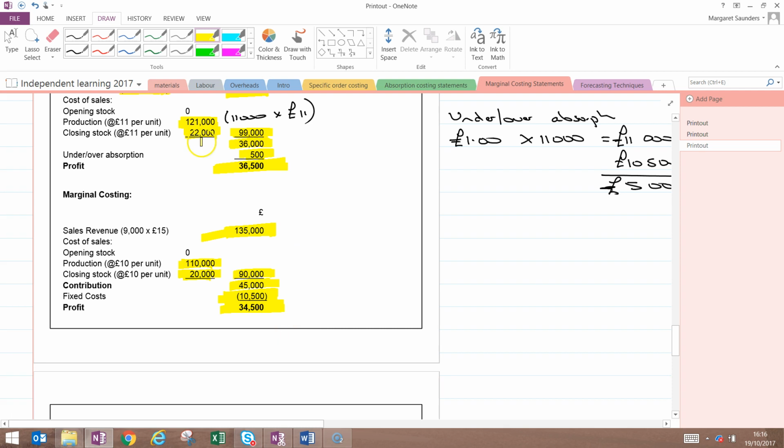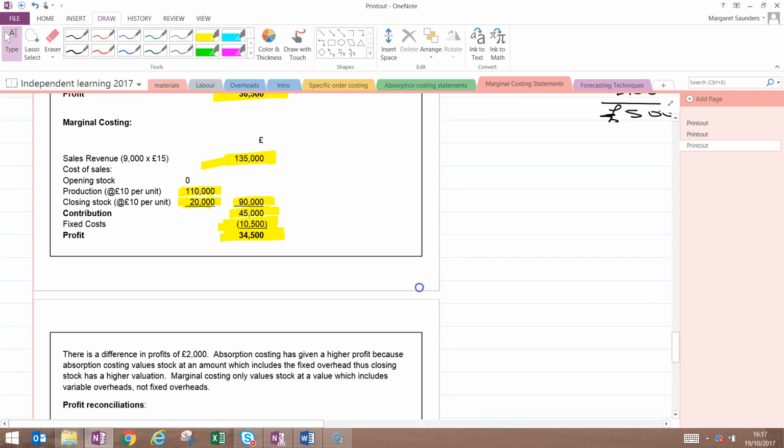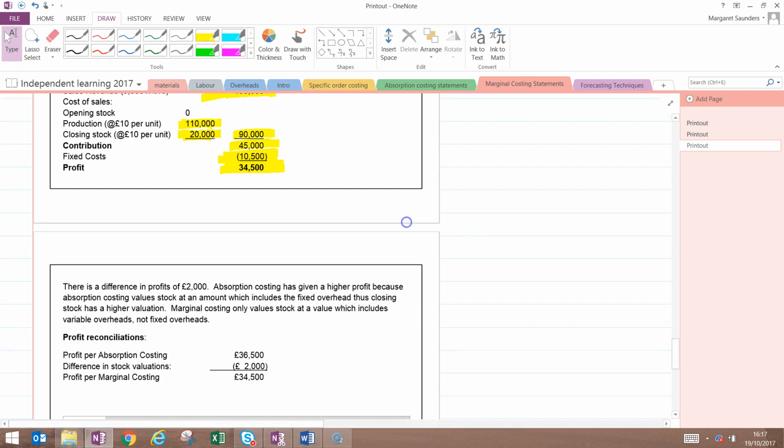If you look at the closing stock valuations, there is also a £2,000 difference in the closing stock valuations. And that is the reason for the difference in the profit. It is due to the difference in the closing stock valuations. So we can reconcile the two profits. So the profit as per absorption costing is £36,500.